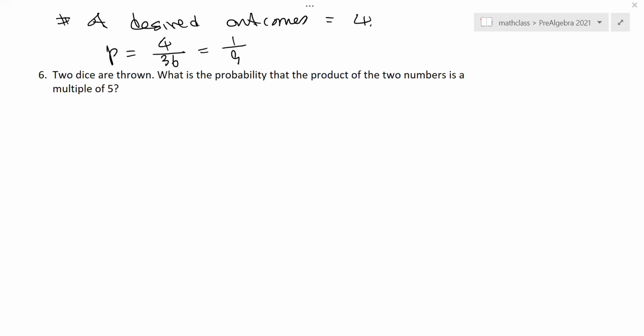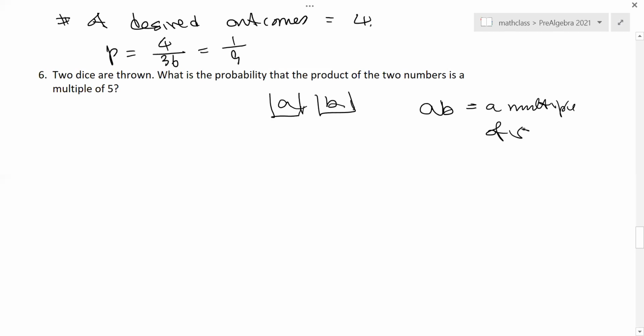This is the two numbers, A times B, and the product should be a multiple of 5. You got two numbers, so the number of possible outcomes is still 36. The question is, how do we count those that are a multiple of 5?